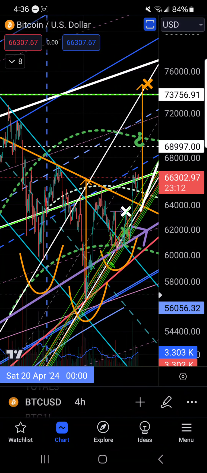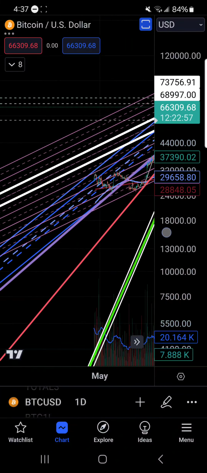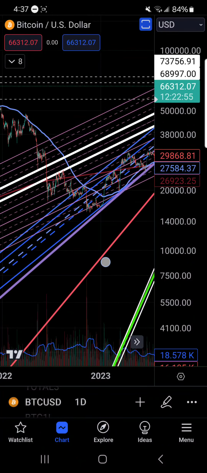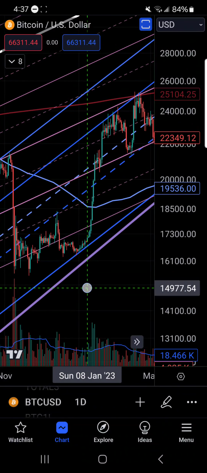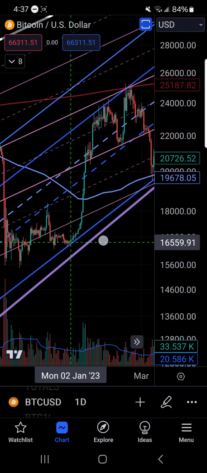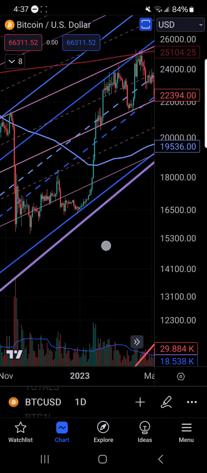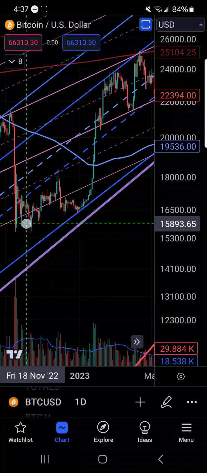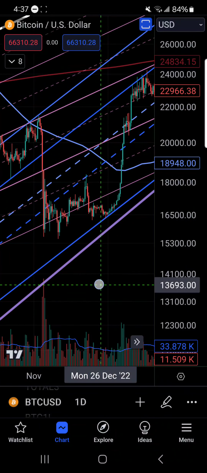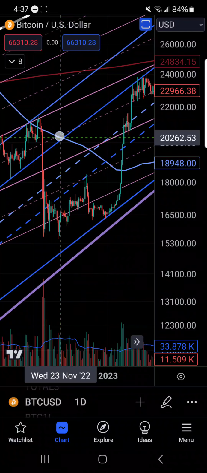Anyway, this blue channel is, let's switch to a daily. The bottom of the blue channel, as I recall, is the major trend line of support from 2023. Yeah, here we are in 2023. It's where we had our bottom in December. So our blue channel was where we had traded in since the FTX collapse. See how I have a couple of different blue channels here that are kind of overlapping each other.